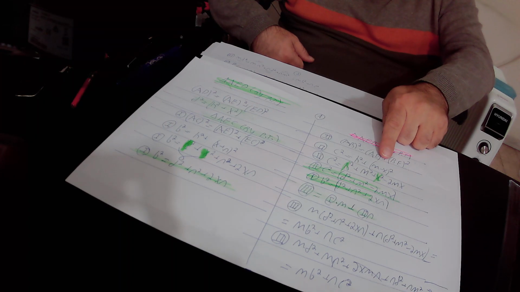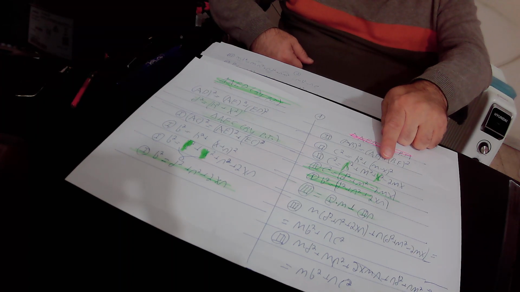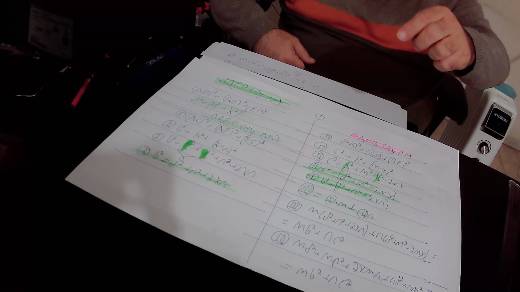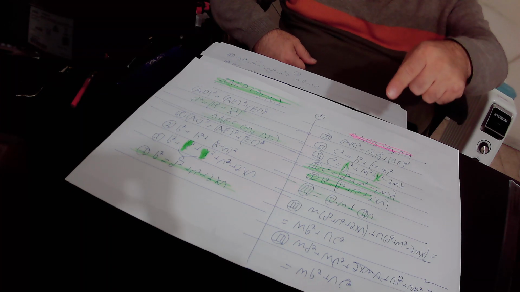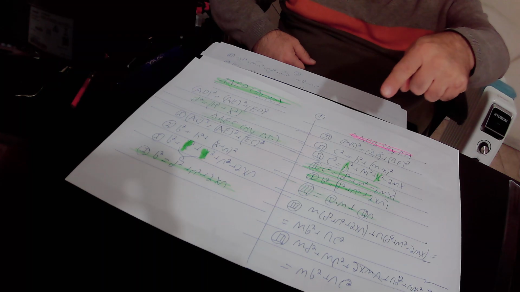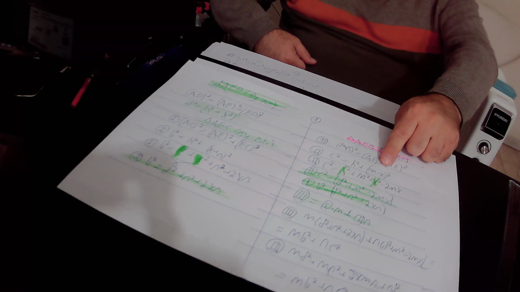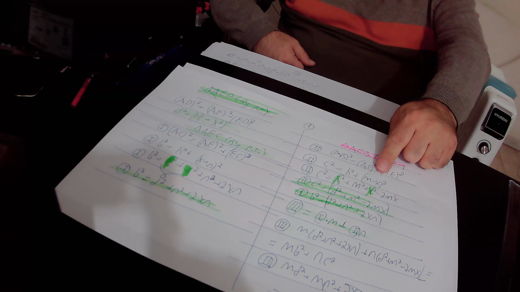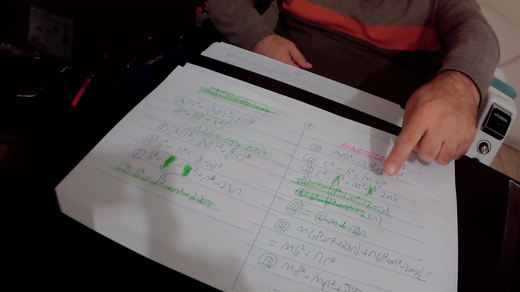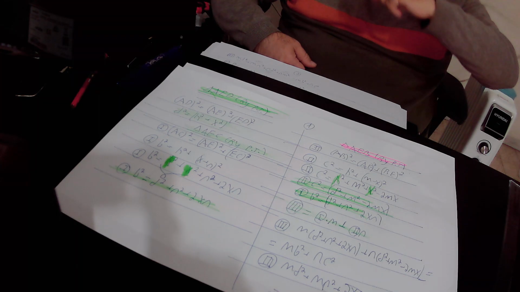We open the brackets of this side of equation number 2, and found out that according to equation number 2, C squared equals H squared plus M minus X squared. M minus X squared equals M squared plus X squared minus 2 times MX.